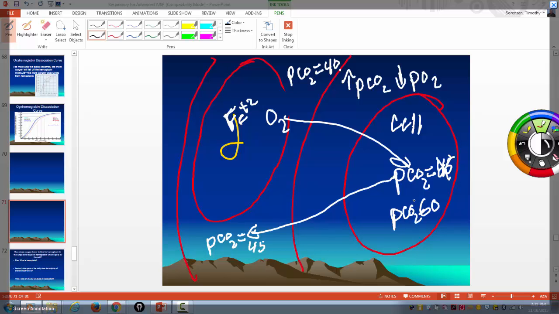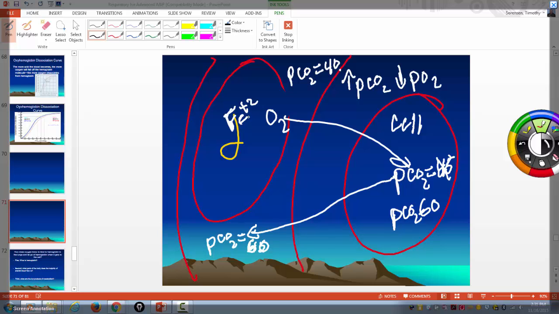So when that blood, that red blood cell with the oxygen bound to the iron, gets closer to those metabolically active cells, it's going to cause the pressure difference to be greater. So more CO2 is going to go into the blood. And what does high PCO2 do to the ability of oxygen to bind to the iron on hemoglobin? It decreases it.